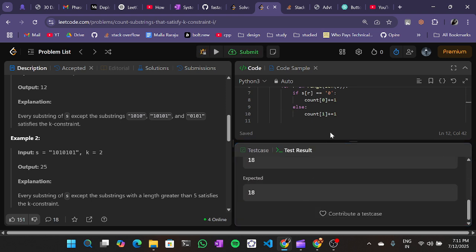Right. So we can optimize this even more.